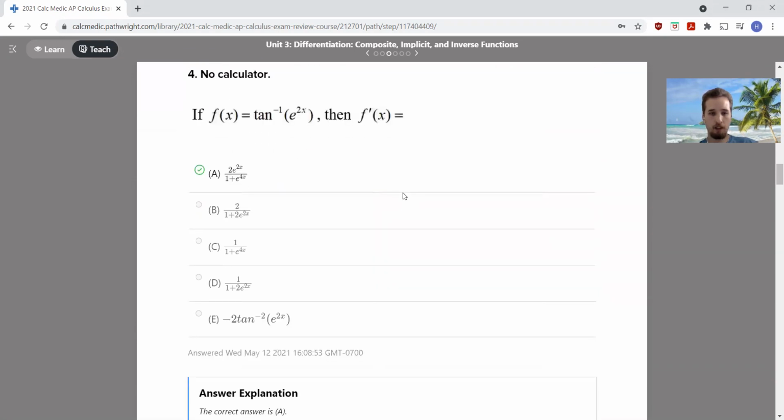So next question. Looks like we got another chain rule, but this is with inverse trig functions. So remember, first thing, inverse tangent of x is the same thing as arctangent of x.